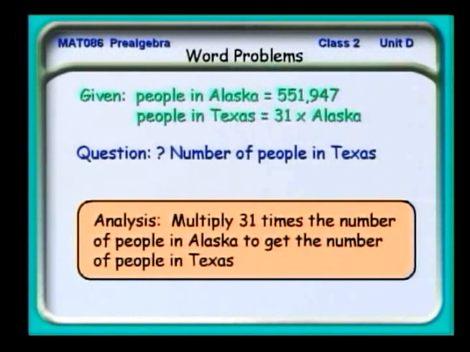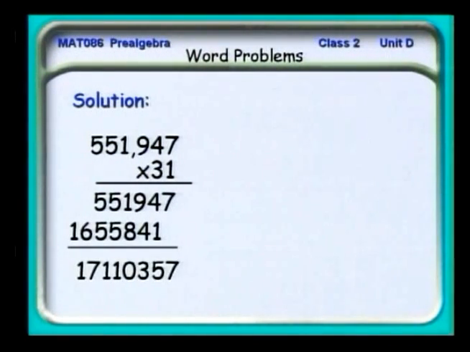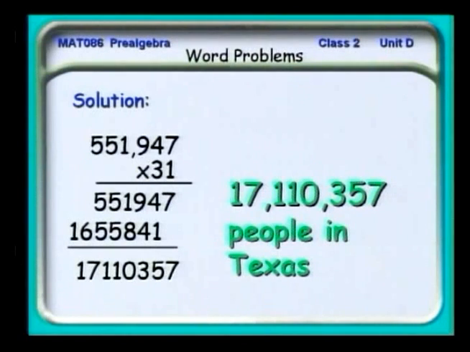So we need to multiply 31 times the number of people in Alaska to get the number of people in Texas. Let's solve it. 551,947 times 31. We work this out, and we see that we have 17,110,357, and we need to indicate the complete answer is 17,110,357 people in Texas.